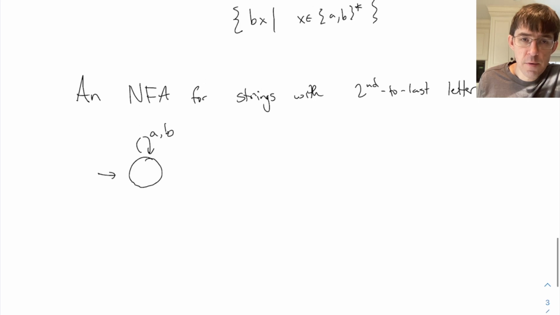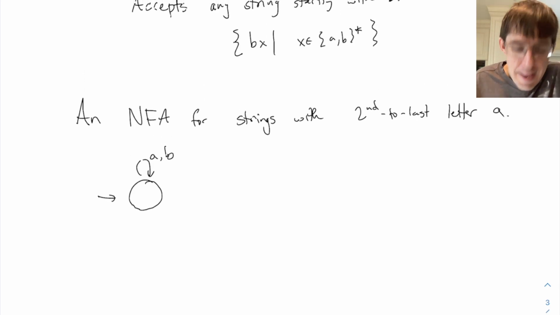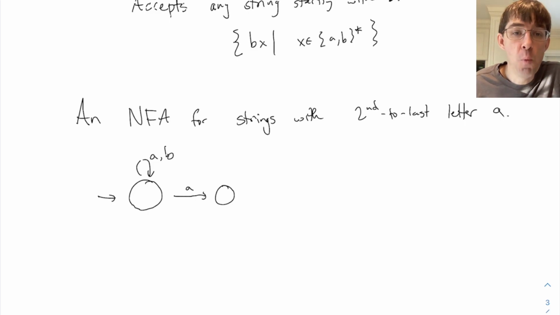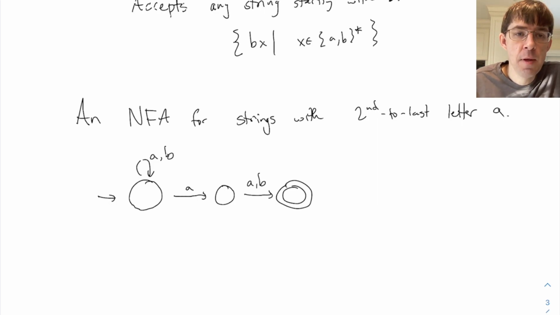And then I do an A. And then one more thing, and then stop. The one more thing could be an A or a B. And then it's accepted. This is an NFA for strings with second to last letter being A, all right?